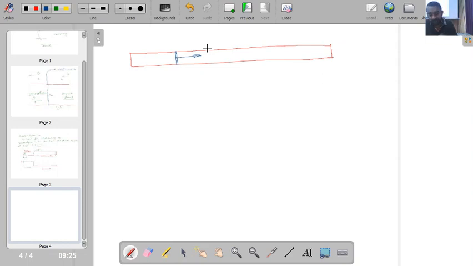Another thing, I will experience a series of expansion waves, which will move towards the driver side or driving side.